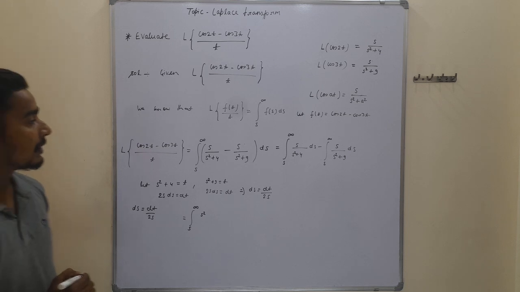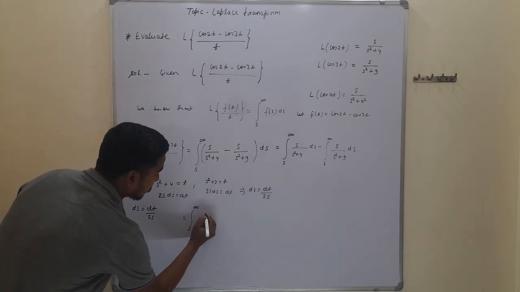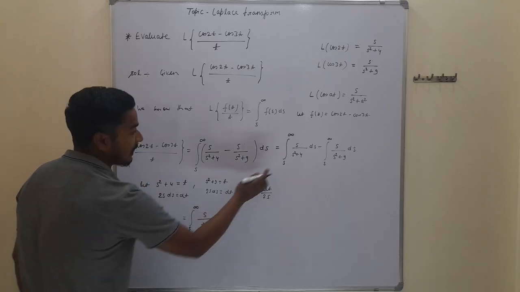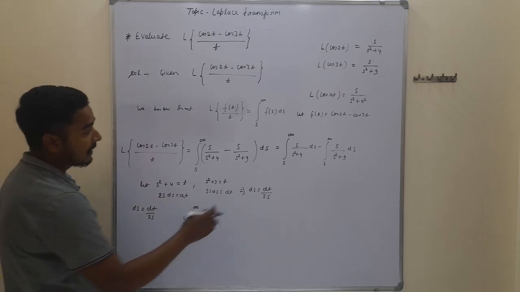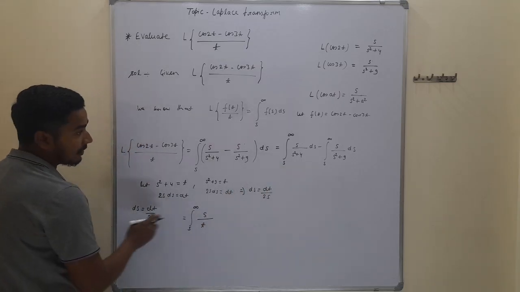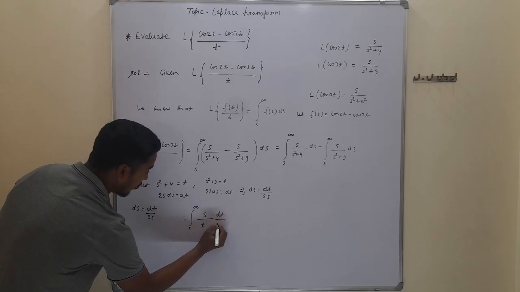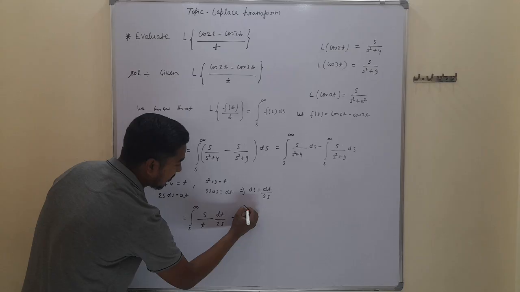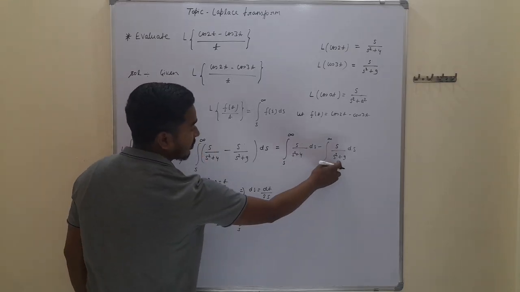So putting it in, we get s upon t. We let s square plus 4 be t, so we write t, and in place of ds in the first part we put dt upon 2s, and minus the integral from s to infinity of s upon s square plus 9.